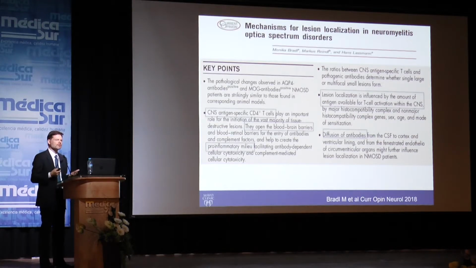Mechanisms for lesion localization. Why is it that we see these unique or signature lesional patterns in NMO? Well, again, we don't know, but people who are looking at animal models and imaging studies and correlating them with inflammatory markers and the way the antibody works at the blood-brain barrier level have implicated interplay between T cells opening the blood-brain barrier and the way that antibodies diffuse into the CNS.